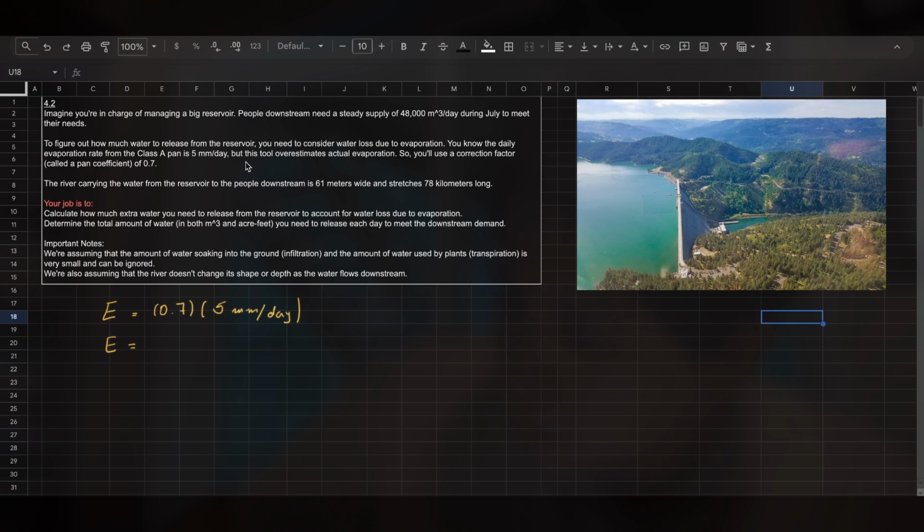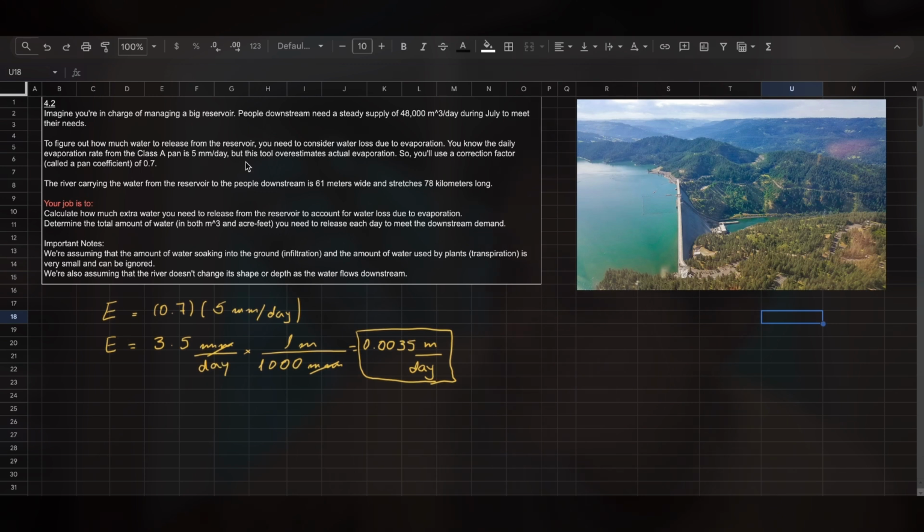So the evaporation is actually 3.5 millimeters per day. Let's convert this to meters. In 1 meter there are 1,000 millimeters. So millimeters cancel, and we end up with 0.0035 meters per day. This will be our actual evaporation rate in meters per day.